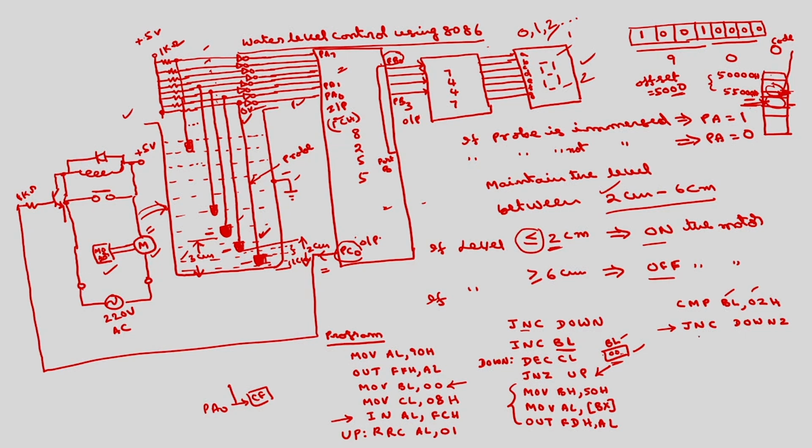Okay. So in that case, this is jump not carry. Not carry means even 2 is also not carry. This is only not less than 2, equal to, just only less than. This is also greater than 6. So here what you have to do? You have to write the program to on the motor.